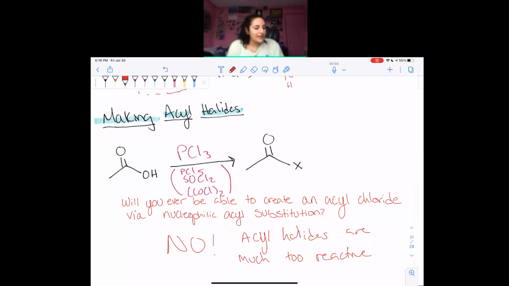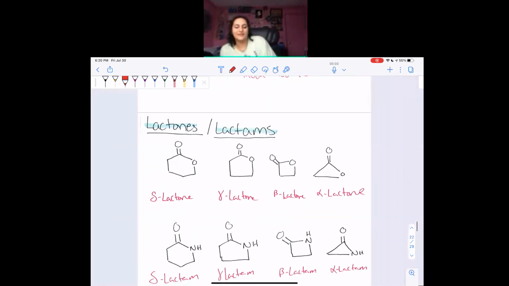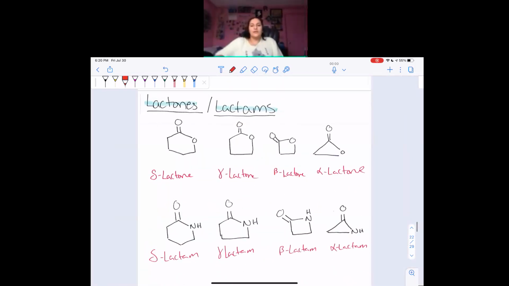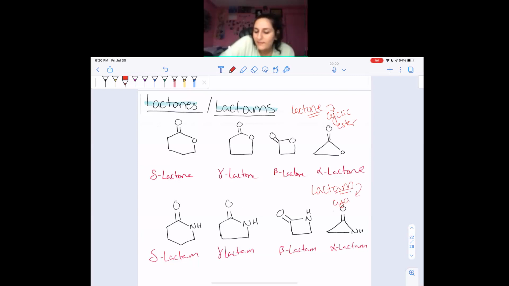The next thing in chapter 17 was lactones and lactams. So, remember, a lactone is a cyclic ester. O is for oxygen. A lactam is a cyclic amide.